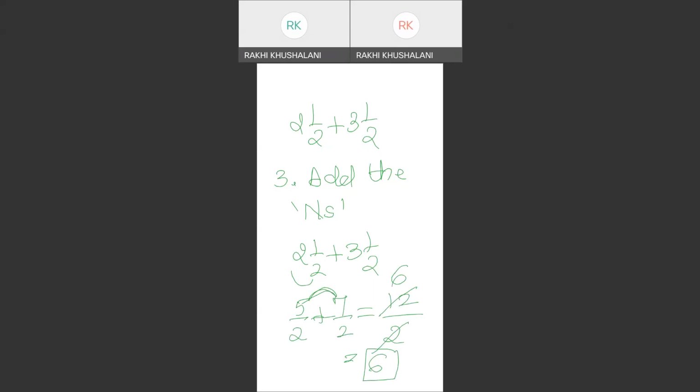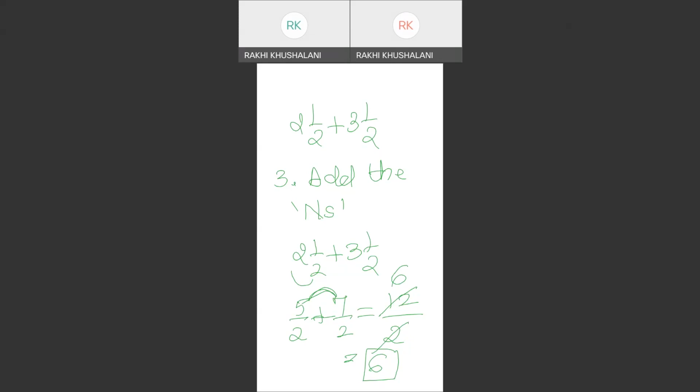So children, this is very clear how we are going to do the addition of fractions in case the denominators are same. But if they are not same, then it's a problem. And the same rule will apply for subtractions also.